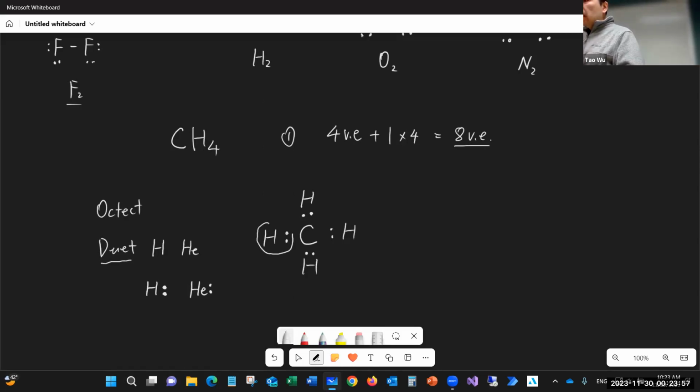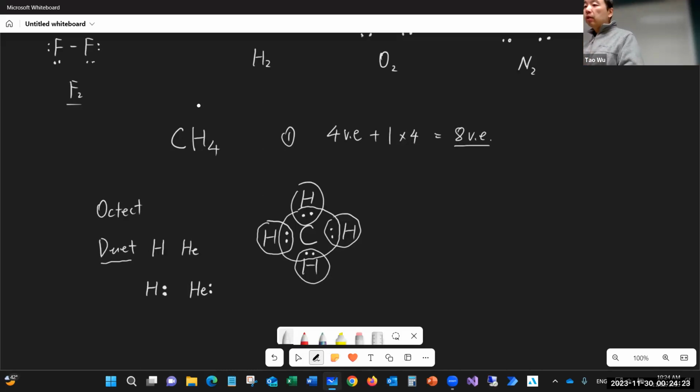So each of these hydrogens already has a duet, and carbon has an octet. That means this structure is perfect. Everyone follows the rule, and we have the 8 dots around.